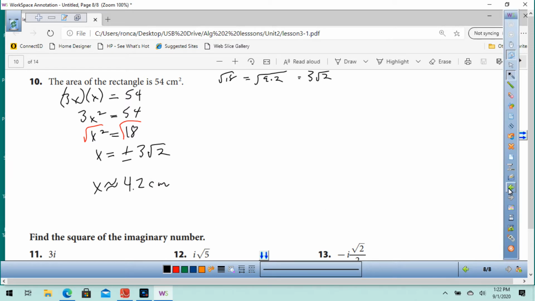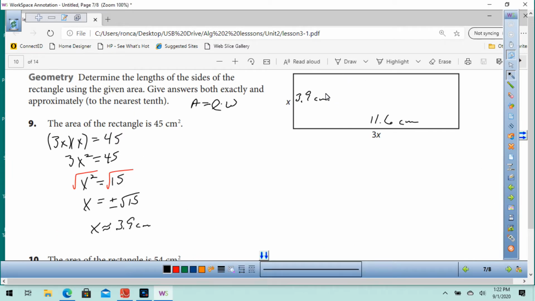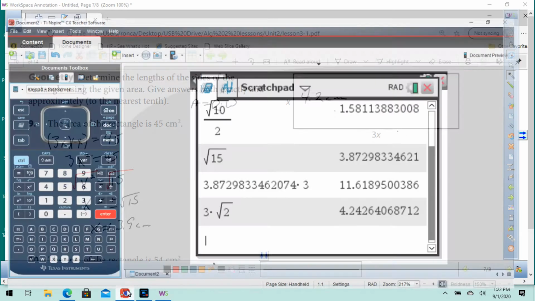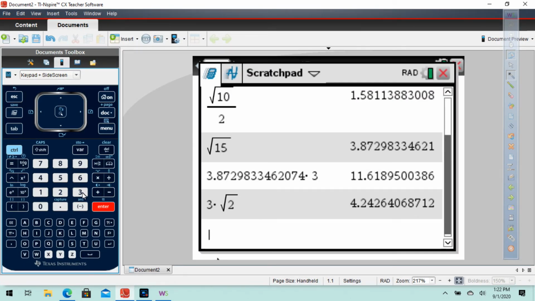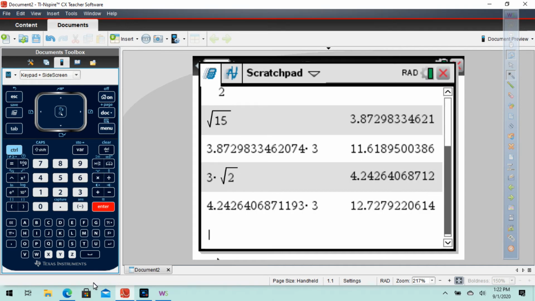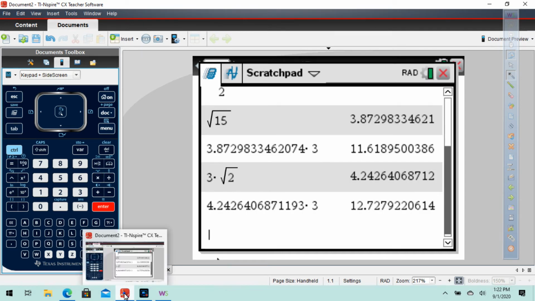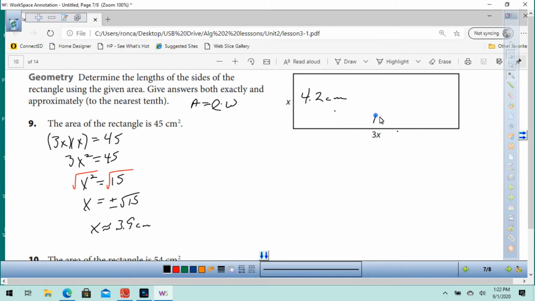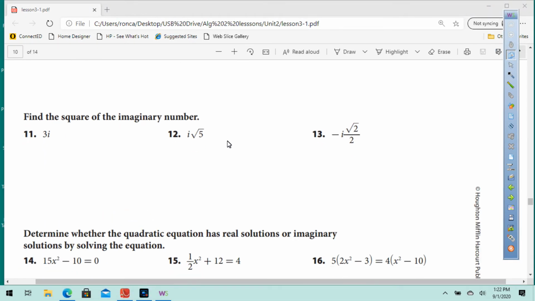And if we go back here, this is now 4.2 centimeters, and this, we'll have to multiply that by 3. Times 3, that's 12.7 centimeters. So that's going to be 12.7 centimeters. Doing well, folks. We're moving right along.